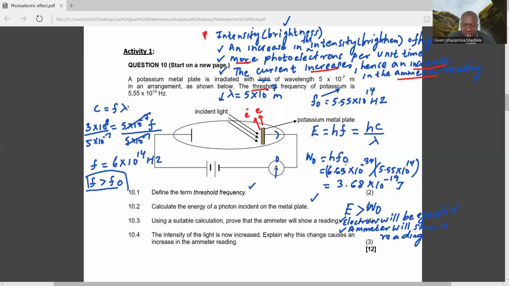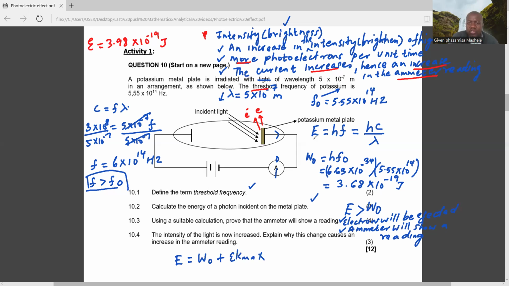And in terms of this, we can also calculate the EK maximum if you wanted to know it. Remember, the energy of photon was 3.98 times 10 to the power minus 19 joules, which means if we use the photoelectric effect equation, we can say energy of photon equals the work function plus the kinetic maximum.